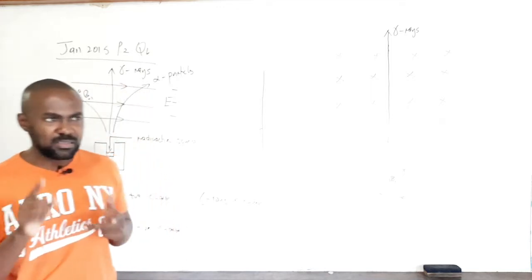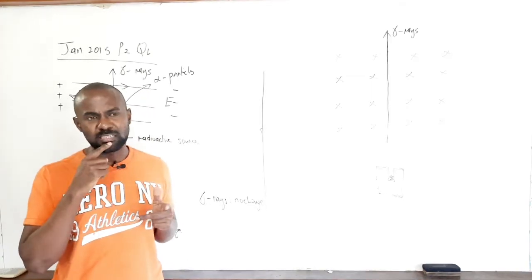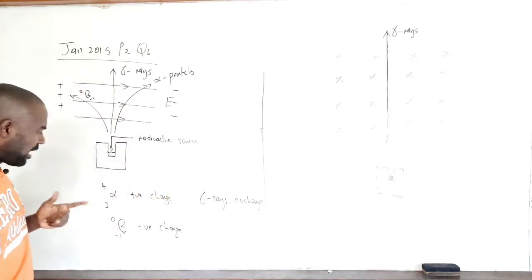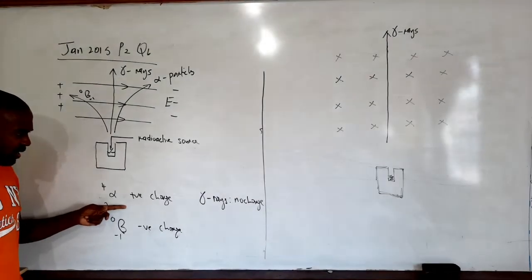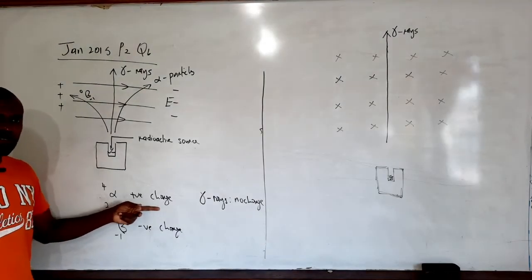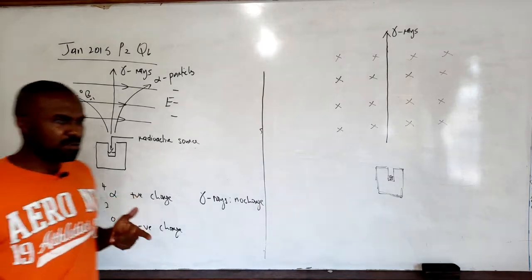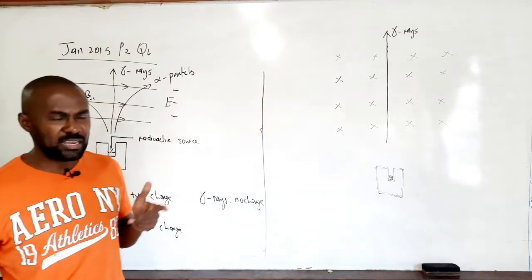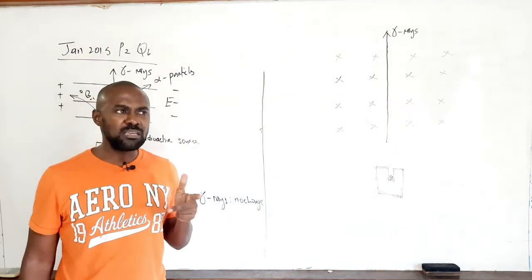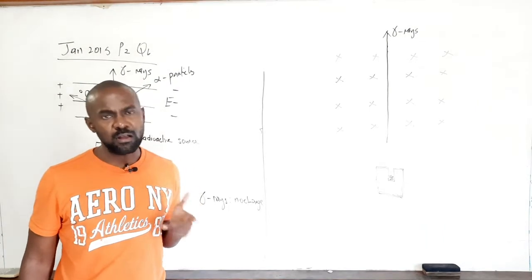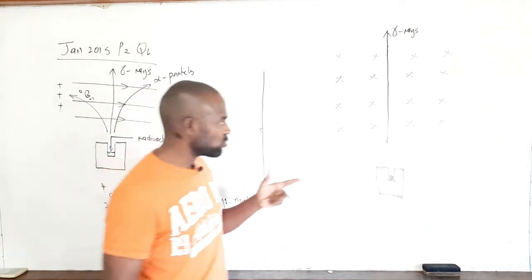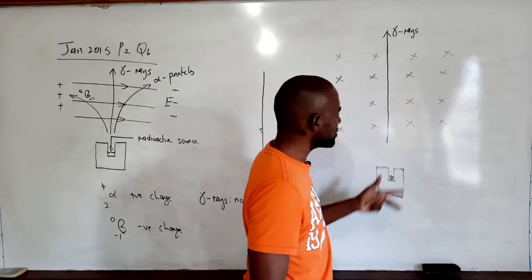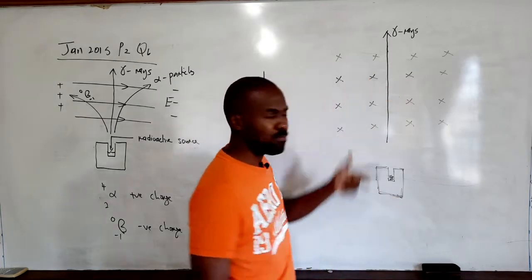So let's examine the case of the alpha particle first. Once again, alpha particles are helium nuclei, and so they're positively charged, and therefore whatever direction the alpha particles are moving in will be the direction of the conventional current. So this source is releasing emissions and they're moving into the magnetic field.